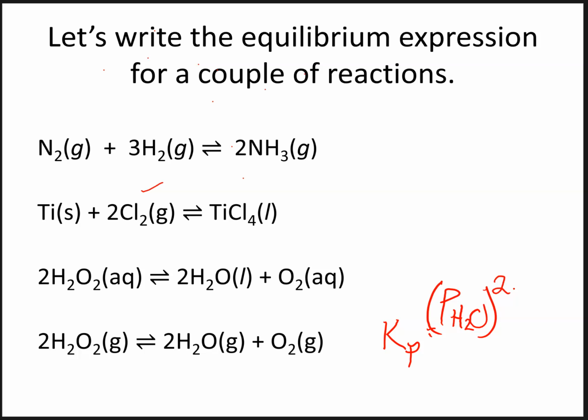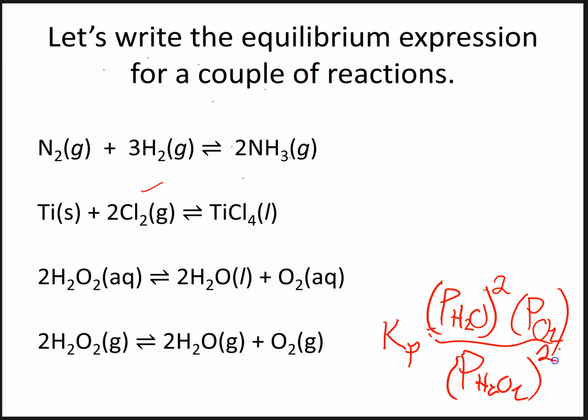So here H2O is included, whereas in the last one it wasn't. So we've got H2O squared, the pressure of O2, all over the pressure of H2O2 quantity squared. So that's how we write the equilibrium constant, or the equilibrium expression, I should say, for chemical reactions.